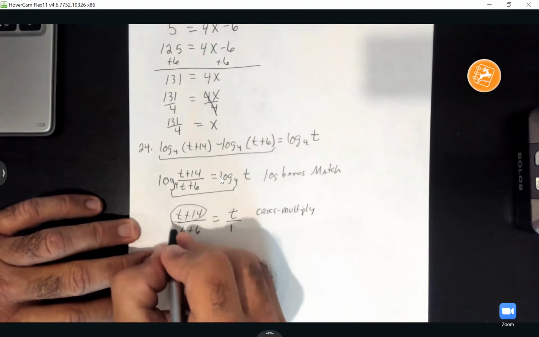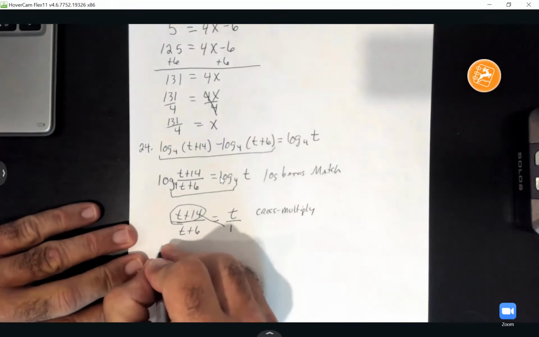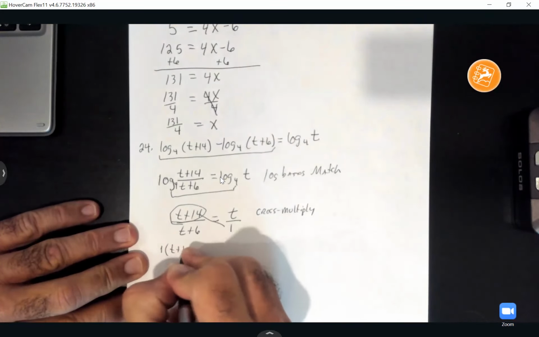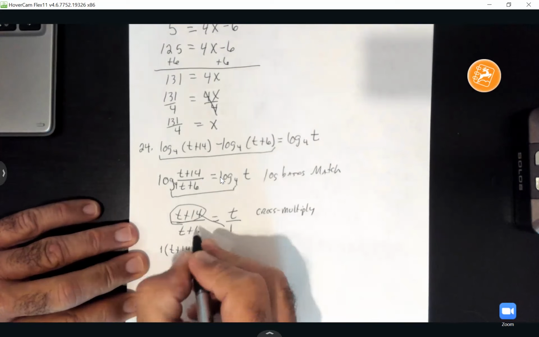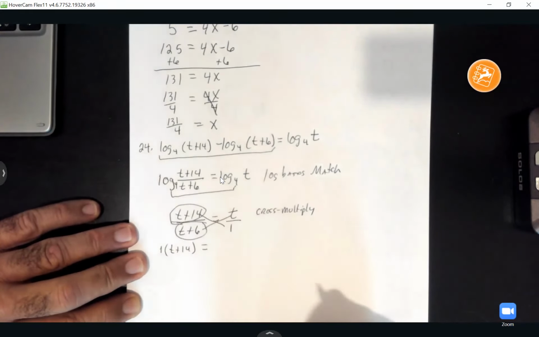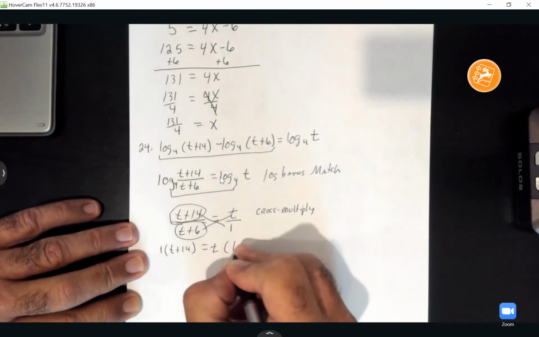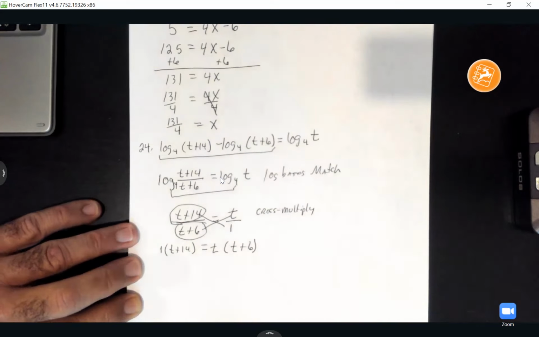So this t plus 14 multiplies by the 1. So that's basically 1 times t plus 14. That's going to equal this t plus 6 times that t. So you get a t times t plus 6.